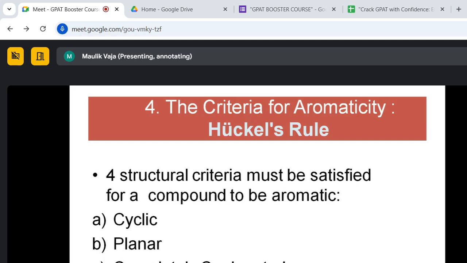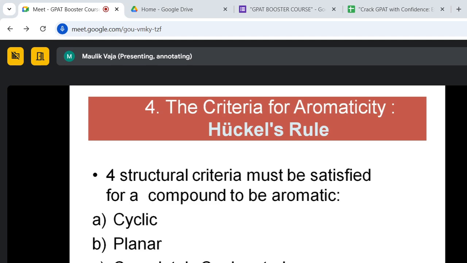It should contain alternate double bonds or alternate electron transfer. We will understand this in the next few slides. And it should contain a particular number of pi electrons, which means it should follow Huckel's rule.